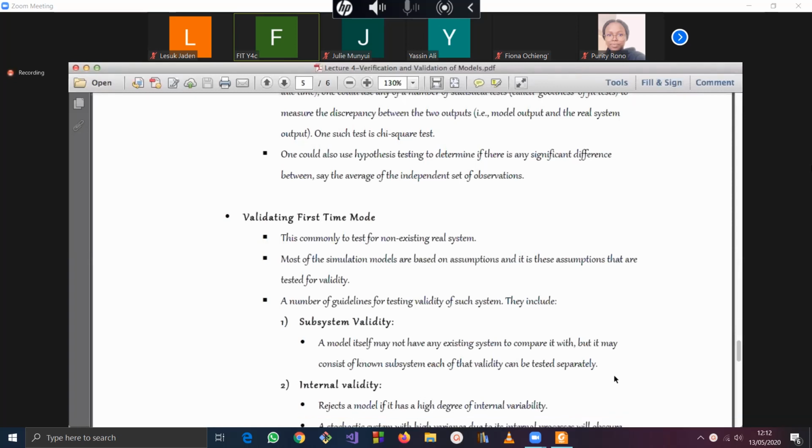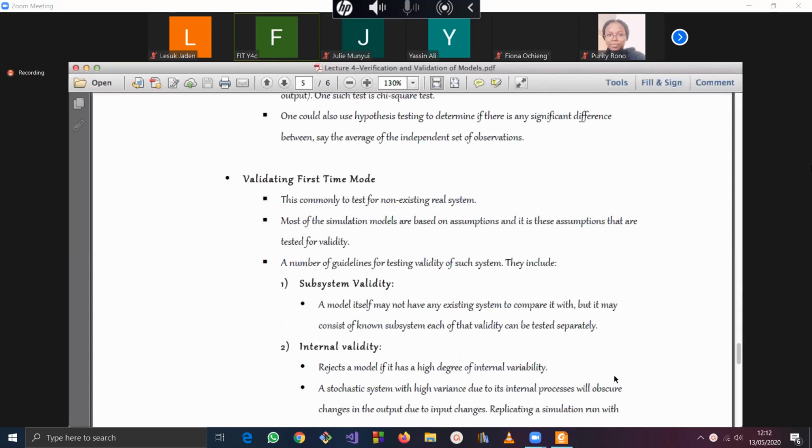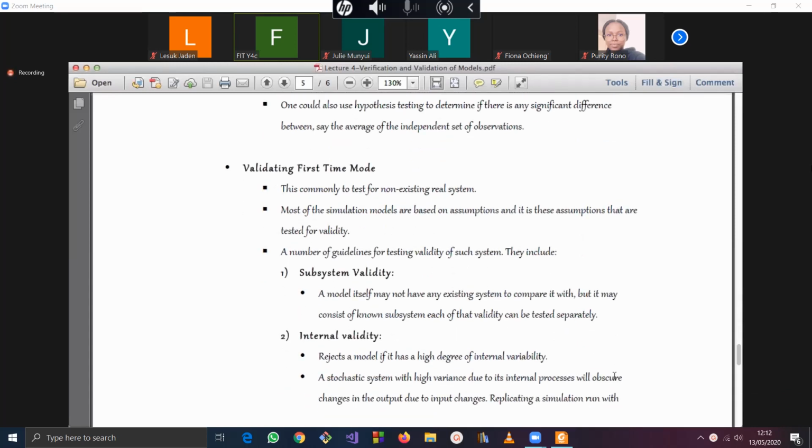There is what we call also internal validity that you need to check as a first time. So here, internal validity is reject models if it has high degree of internal variability. So when we talk about internal variability, it means whatever I've given on that chart that I drew, meaning that you do not want a system which now gives results or outputs which are far off from what the real system is.